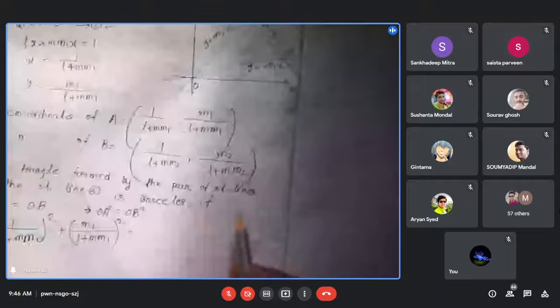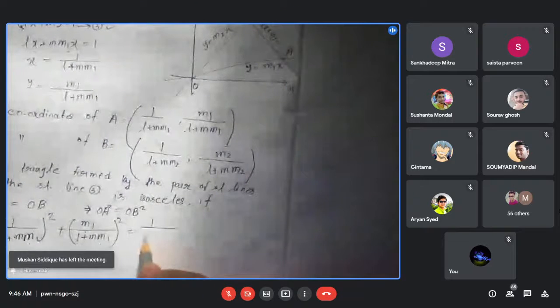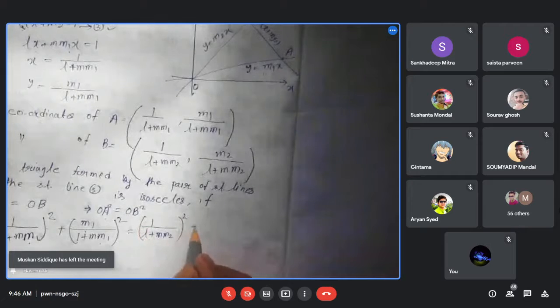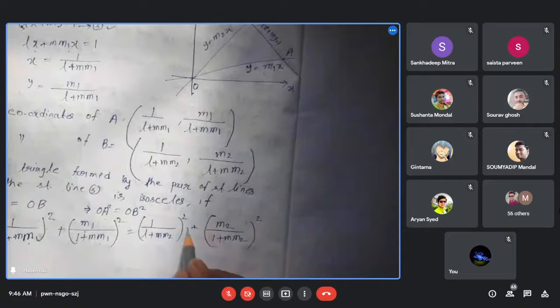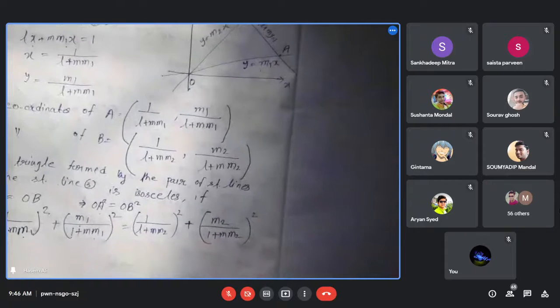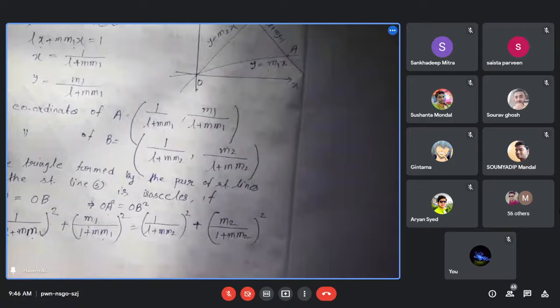And the right side will be the same: 1 by L plus M2 squared plus M2 by L plus M2 squared.